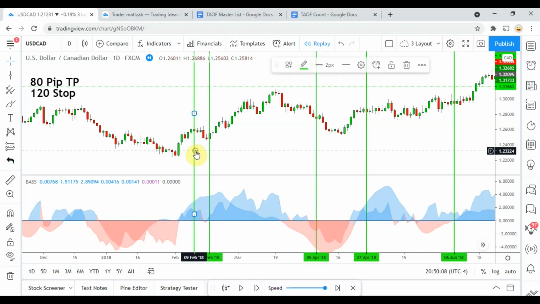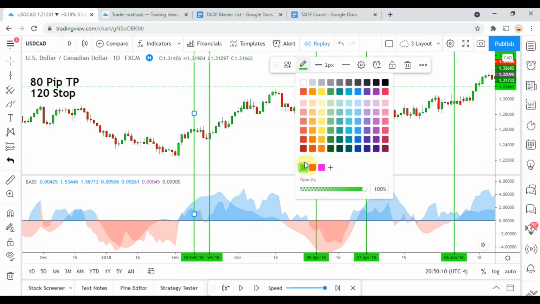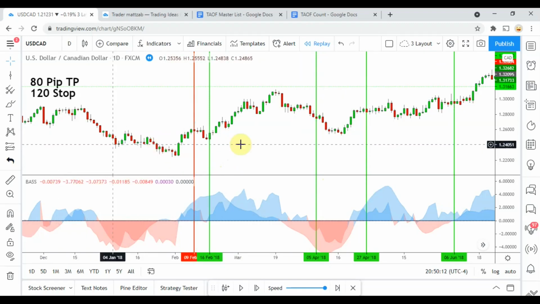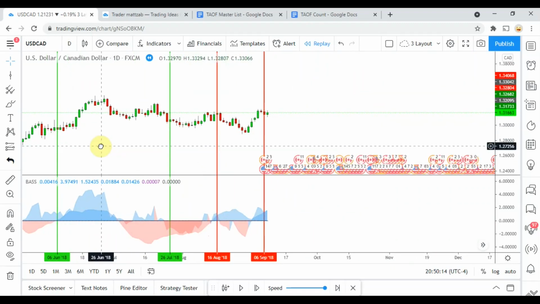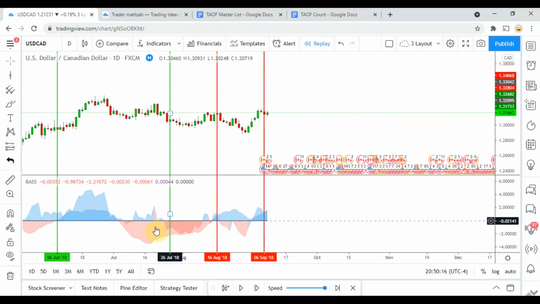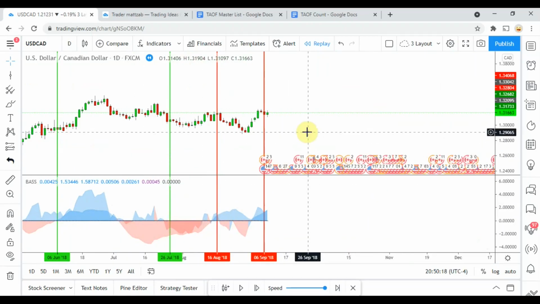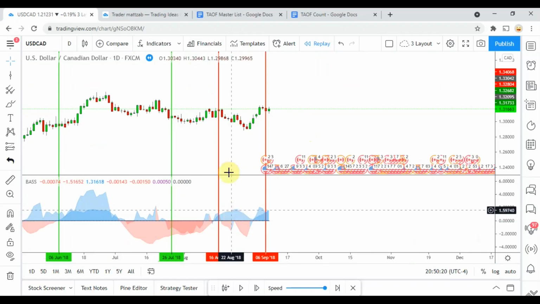So it looks like that one right there actually would have been a losing trade. So let's just dial in those a little bit more so that way it's a little bit easier to see. This one's a little challenging in that aspect, being able to see it quite correctly.